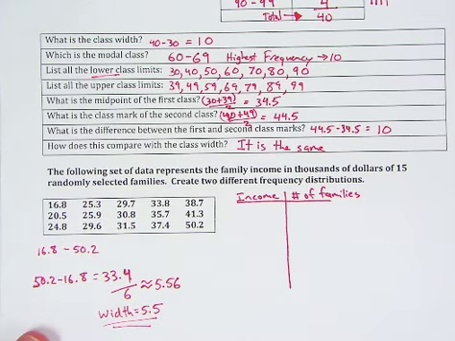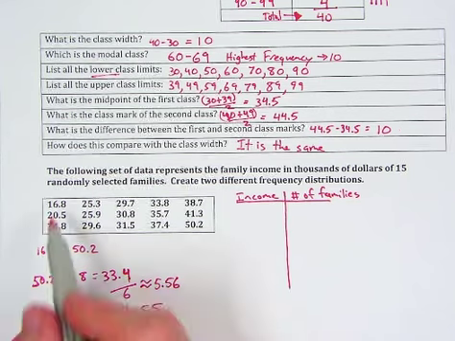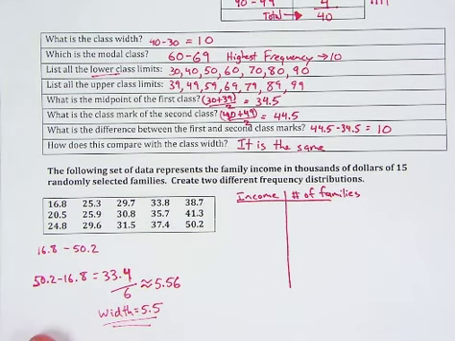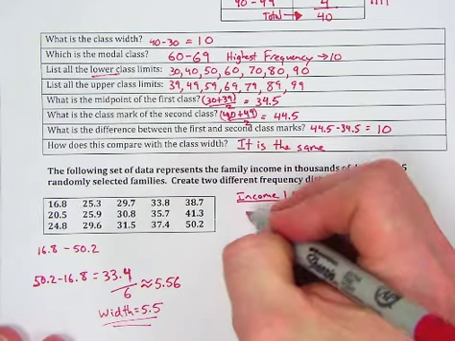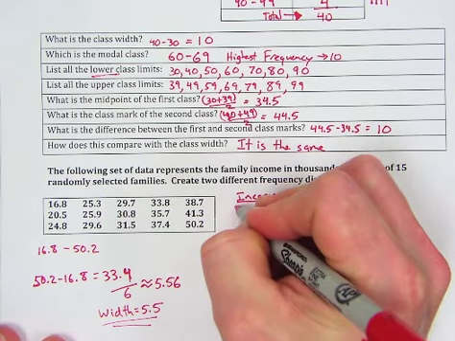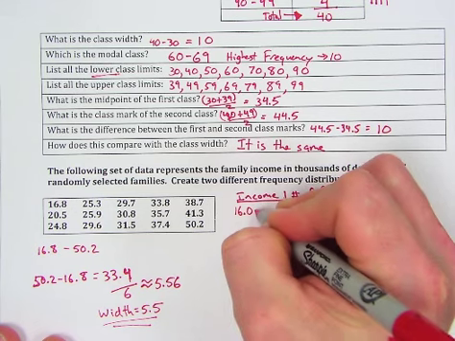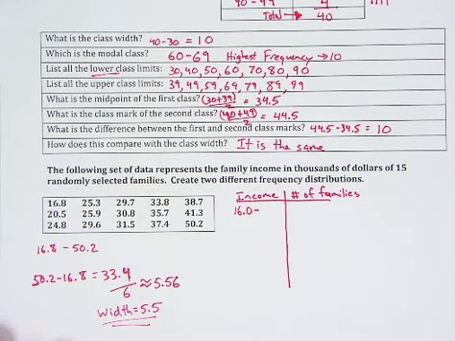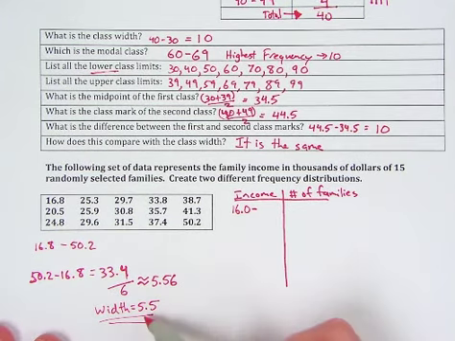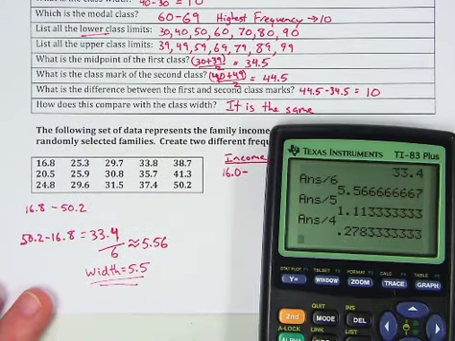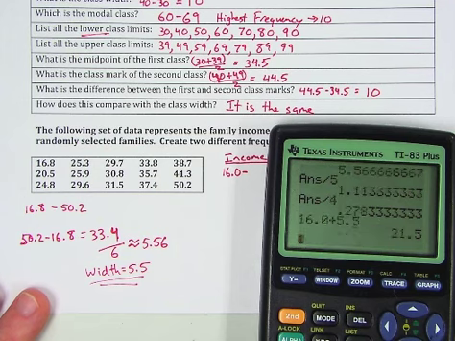Okay, so we just need to start somewhere before 16.8. Why don't we just start at 16.0? Now if we know our class width is 5.5, the easiest way to do this is just to go ahead and add 5.5 to your lower limit. So we're going to do this right here. And we get 21.5.